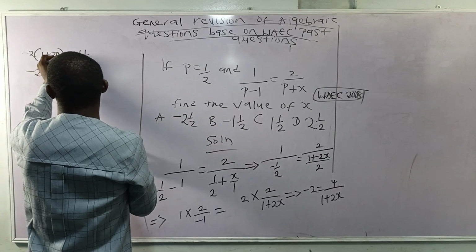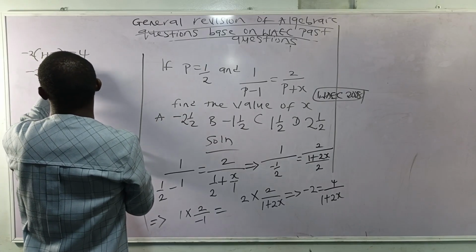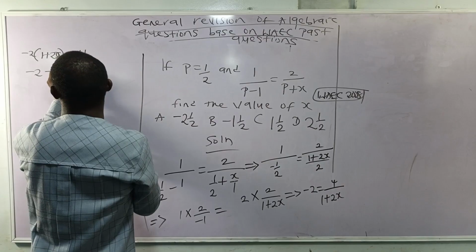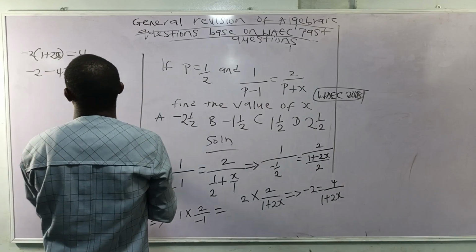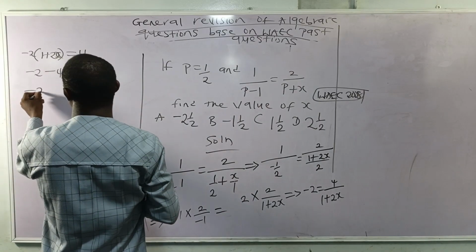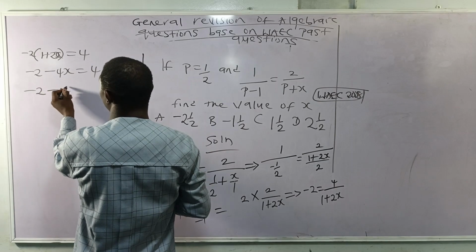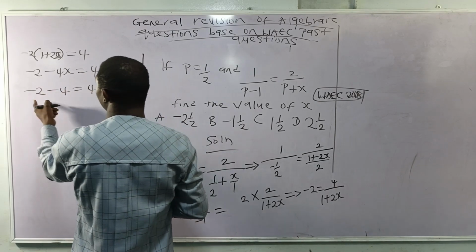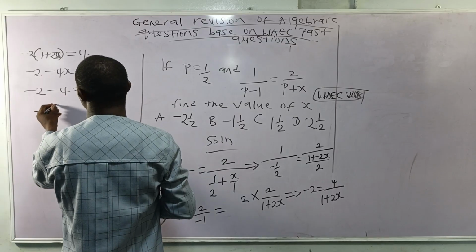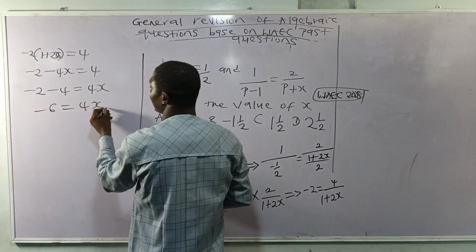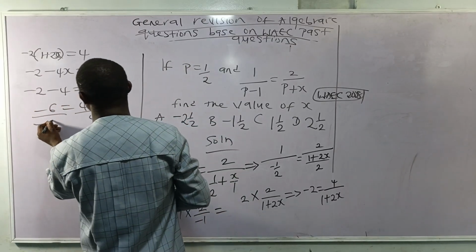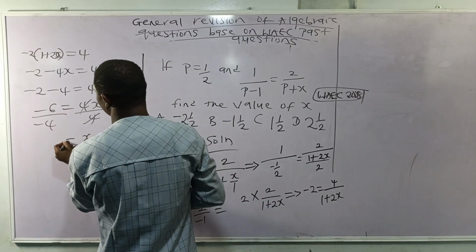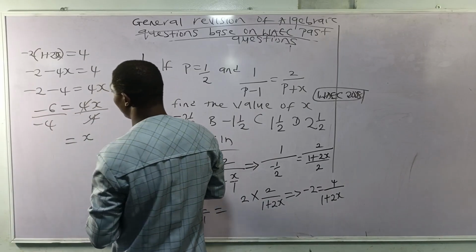Minus plus minus 2 times 2x, 4x equals to what? 4. So I want this to be positive. Let me just have minus 2. This to the other side will give me minus 4 equals to positive 4x. Minus 2 minus 4 will give me minus 6 equals to what? 4x.